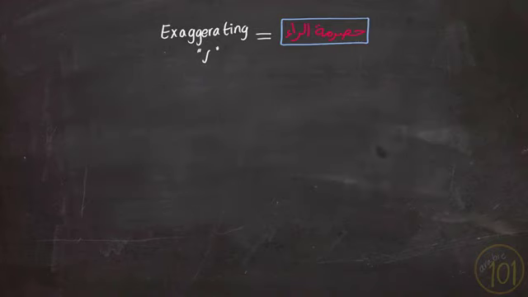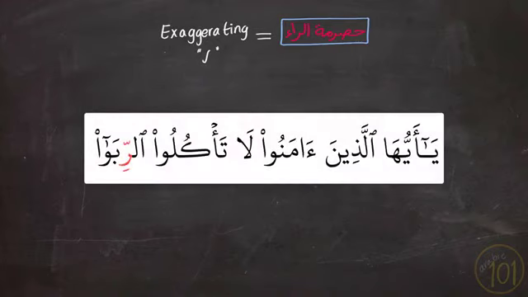Let's have one more example when the ra has shadda and kasra at the same time. يا أيها الذين آمنوا لا تأكلوا الربا لا تأكلوا الربا. So not الربا but الربا.